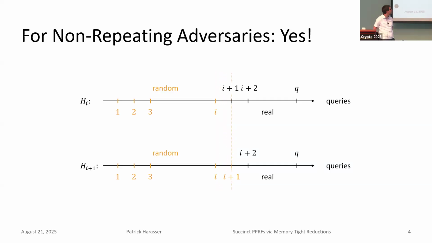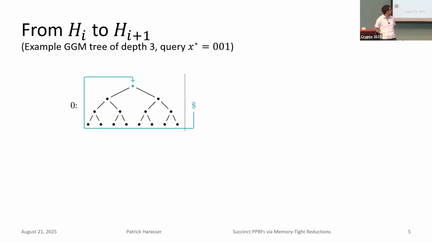And to transition from H_I to H_{I+1}, we want to turn the answer to query I plus 1 from real to random. And let me show you how this works by means of an example. So just for concreteness, assume that we have a GGM construction of depth 3, and that the query X star is 0, 0, 1.